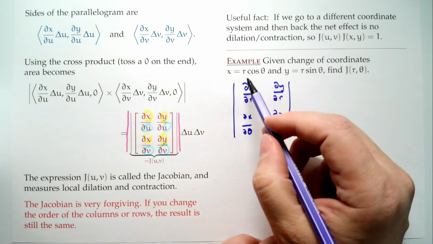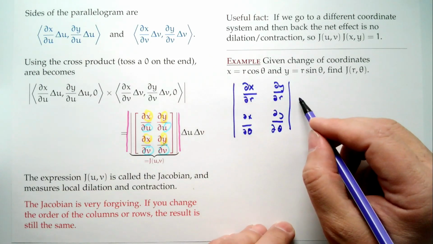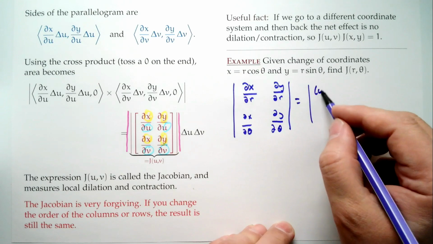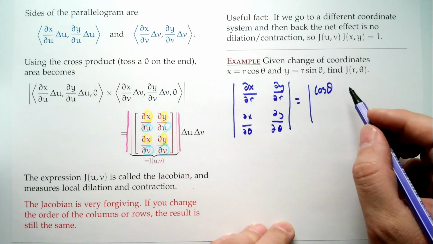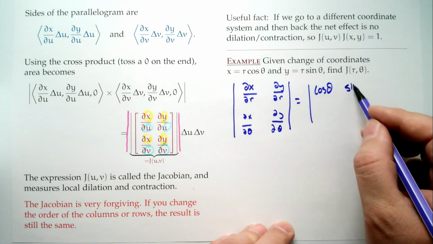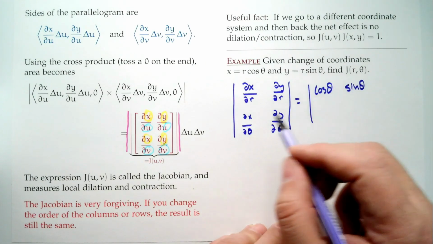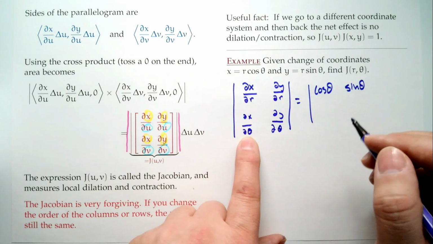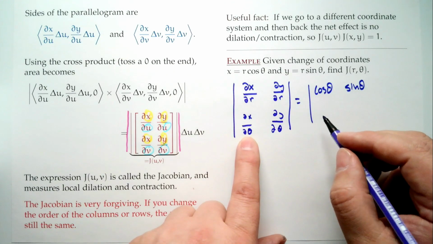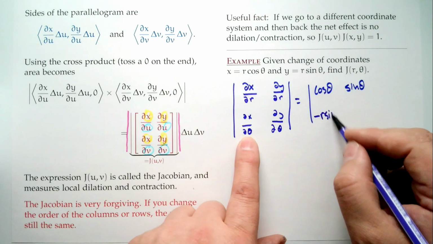So, what's the derivative of x with respect to r? Cosine theta. What's the derivative of y with respect to r? Sine theta. All right. Next we'll come down. What's the derivative of x with respect to theta? Minus r sine theta.